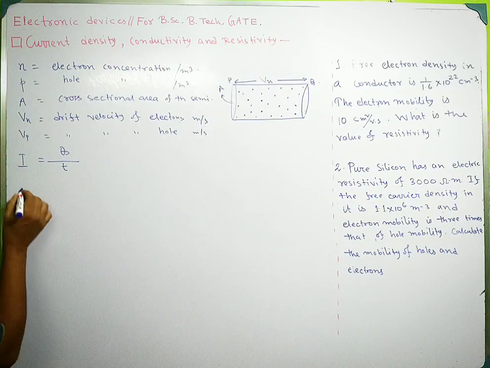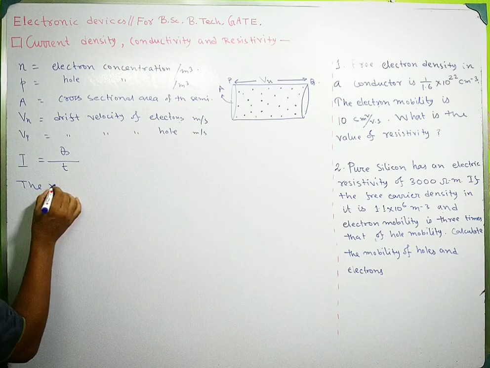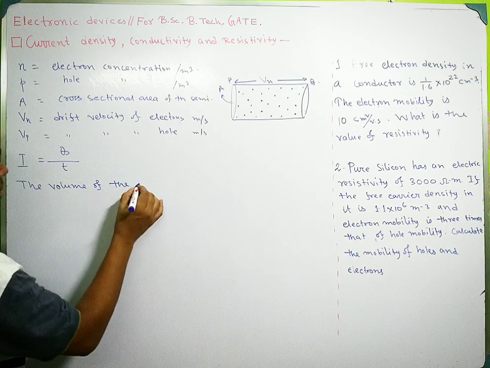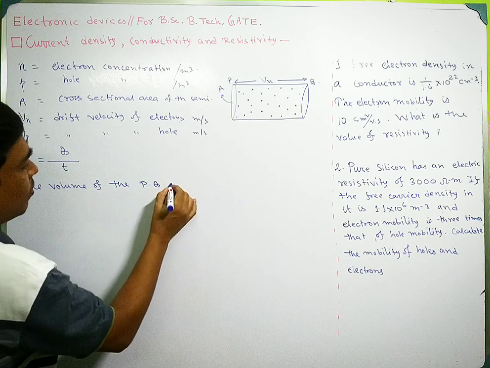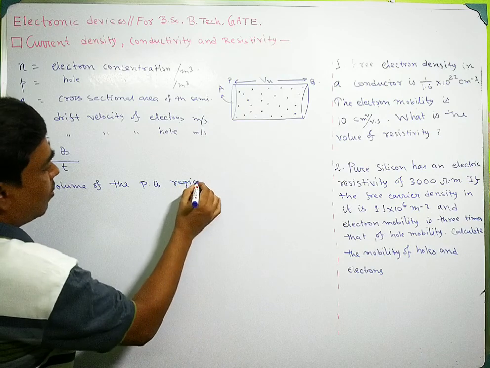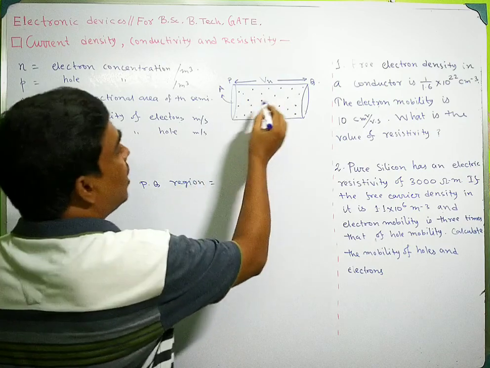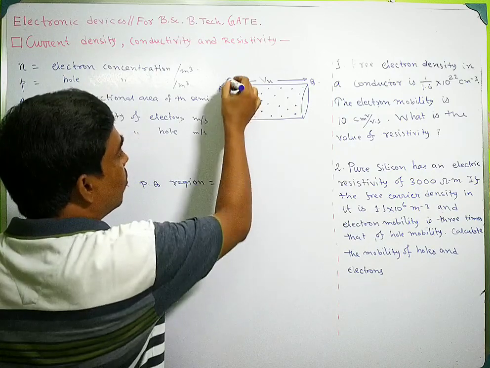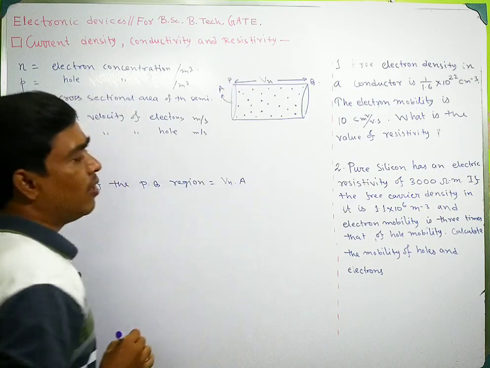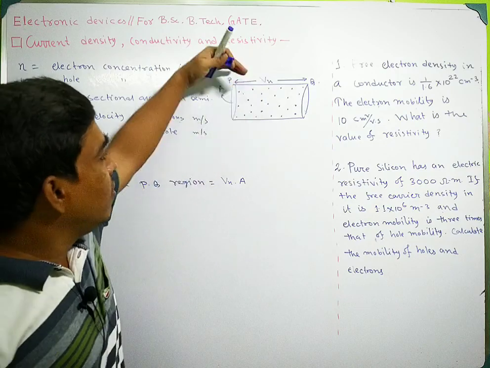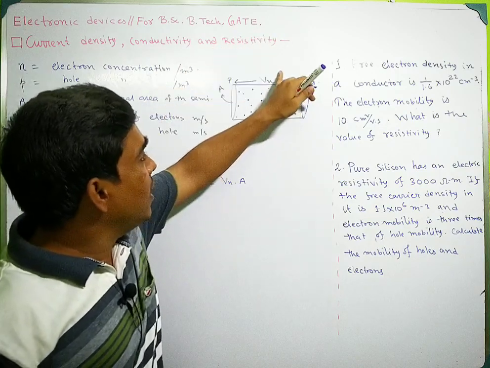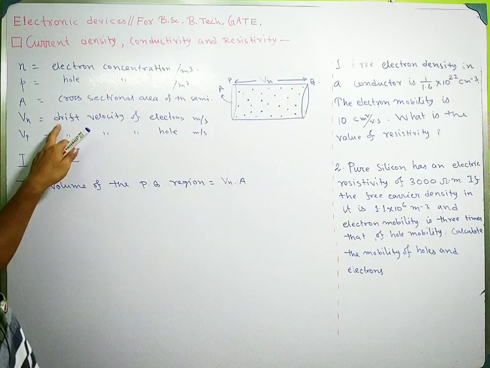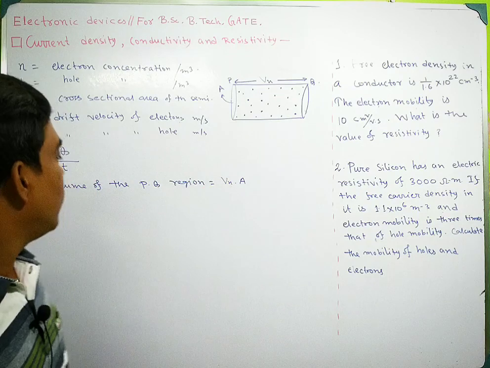Now the volume of the PQ region is given by length into cross sectional area. So length of this conductor is Vn. This length is traversed by these free electrons in 1 second.